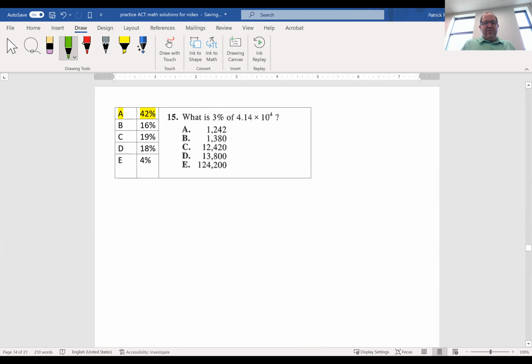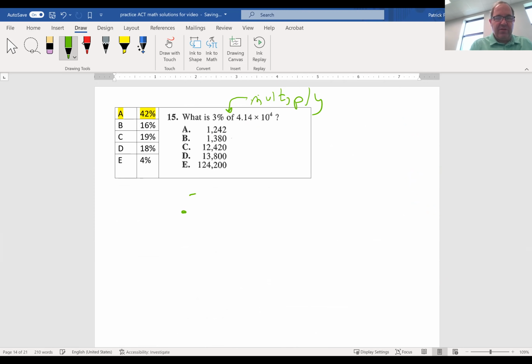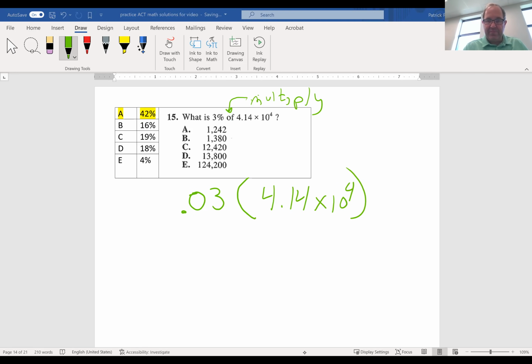And I mention this because only 42% of people got it right. And this is a pure calculator question. Now, we know in math, or hopefully the word of means to multiply, right? So let's do this. 3%, which is 0.03. We're going to multiply that by 4.14 times 10 to the fourth power. And I'm just going to use my calculator to do this, right?